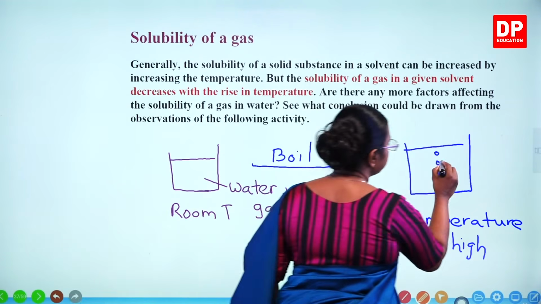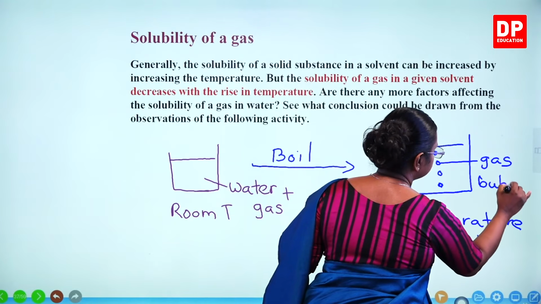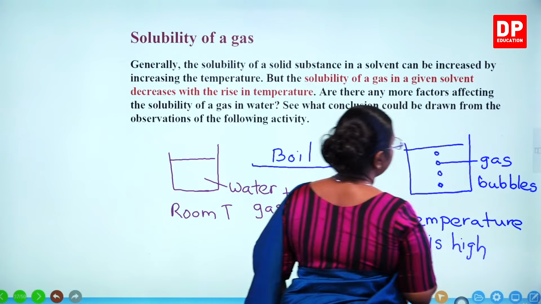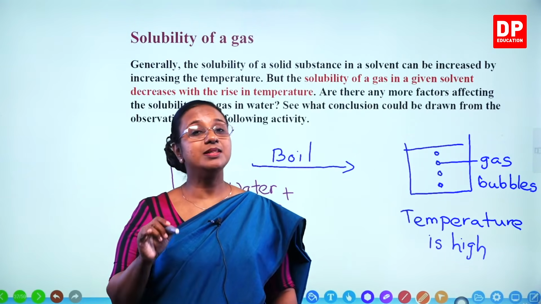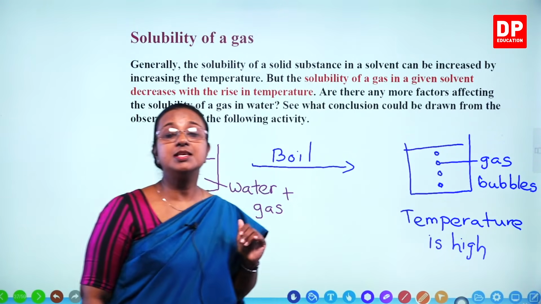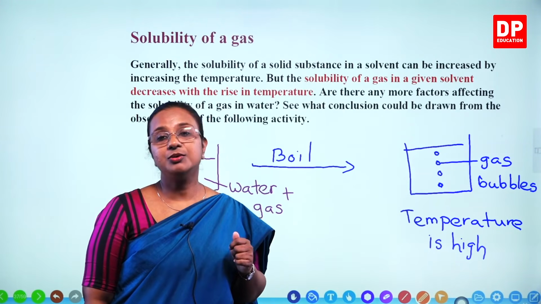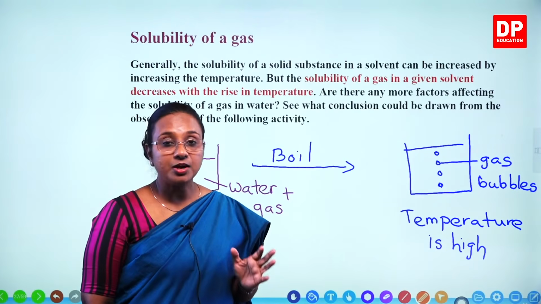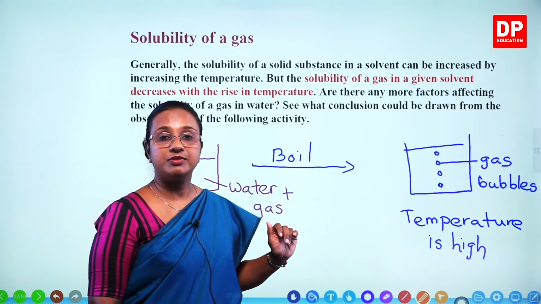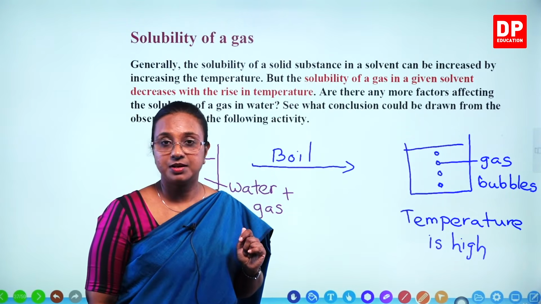So here you see the gas bubbles. I am sure now you can remember this observation. So why do these gas bubbles evolve? Have you ever thought about it? Now you know the reason. Because the solubility of gases decreases with increase in temperature.